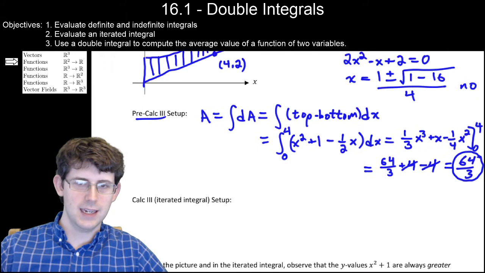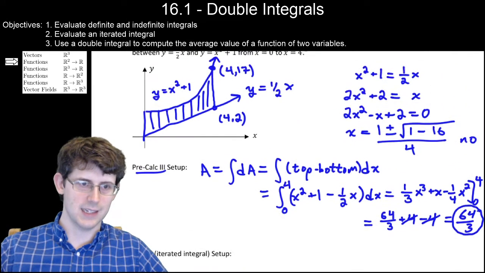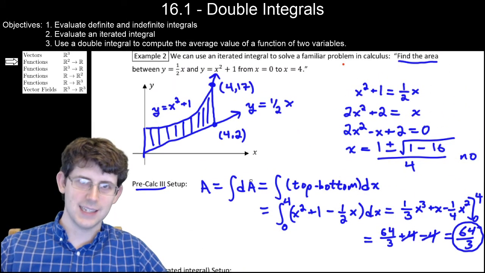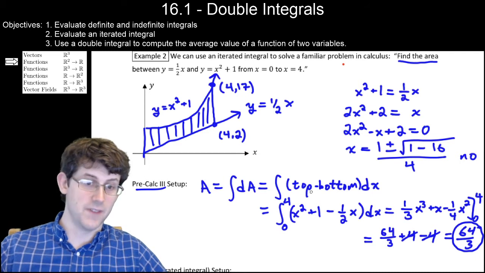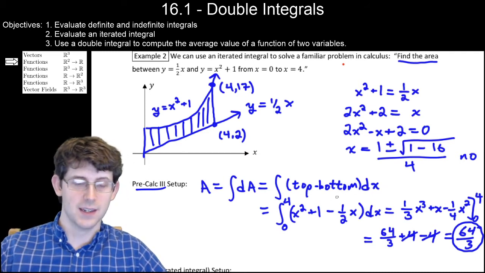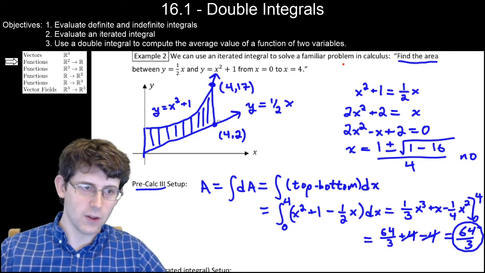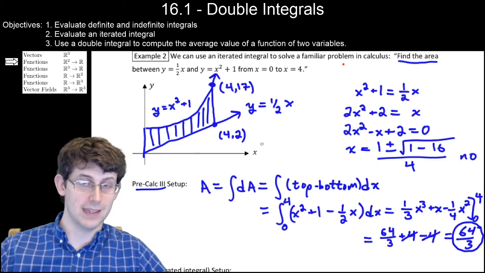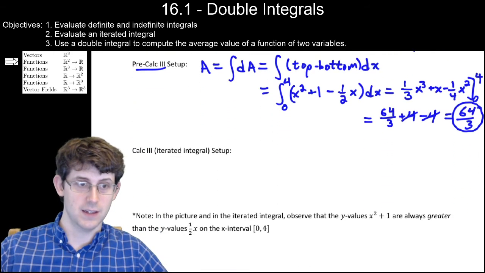Now, in Calc 3, what we realize is that this dA doesn't need to be broken up into a function and a differential. Instead, you can just make the whole region be encoded in the bounds of the integral.